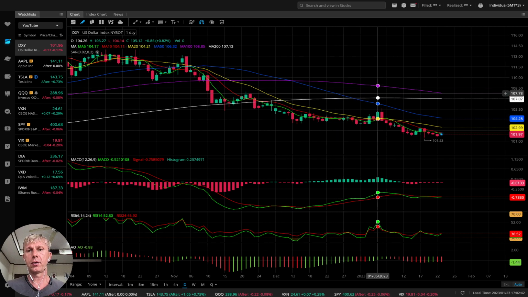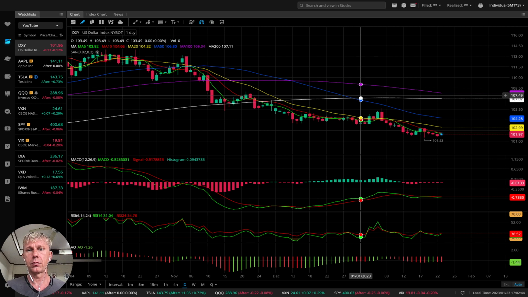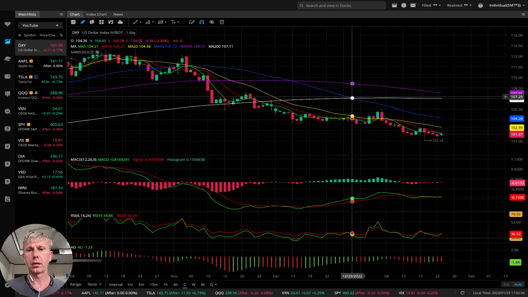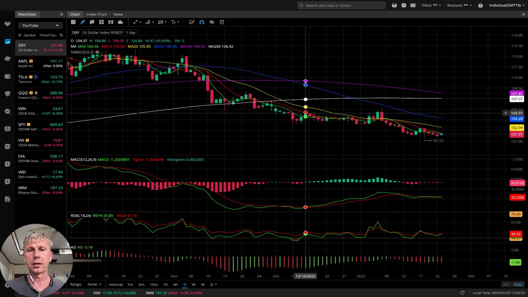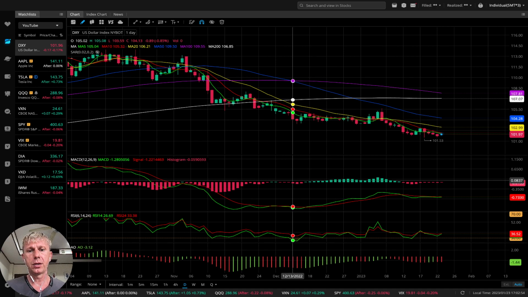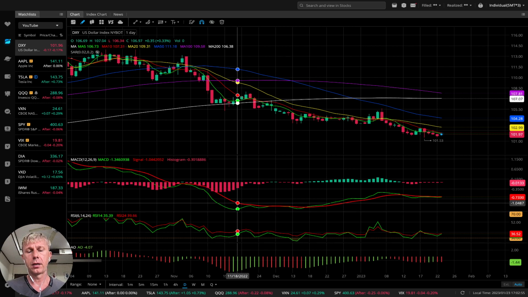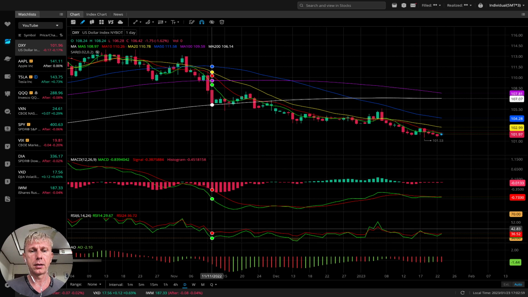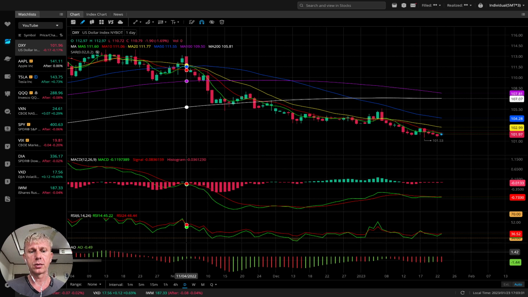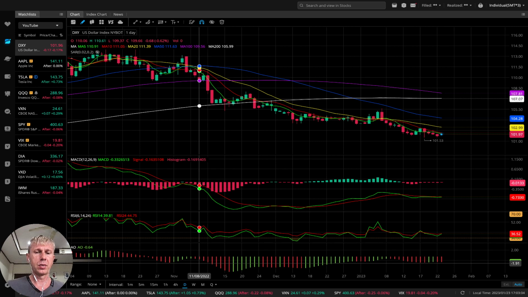I have moving averages: MA 200 white line, purple line MA 100, blue line MA 50, yellow line MA 20, red line MA 10, and green line MA 5. MACD indicator, green line, red line is the signal line. RSI same setup, red line is the signal line and green is the RSI line. Also the oscillator: red is bearish, green is bullish.